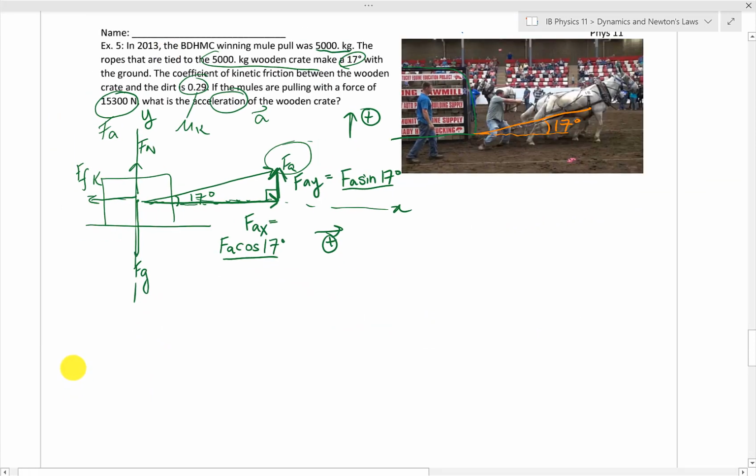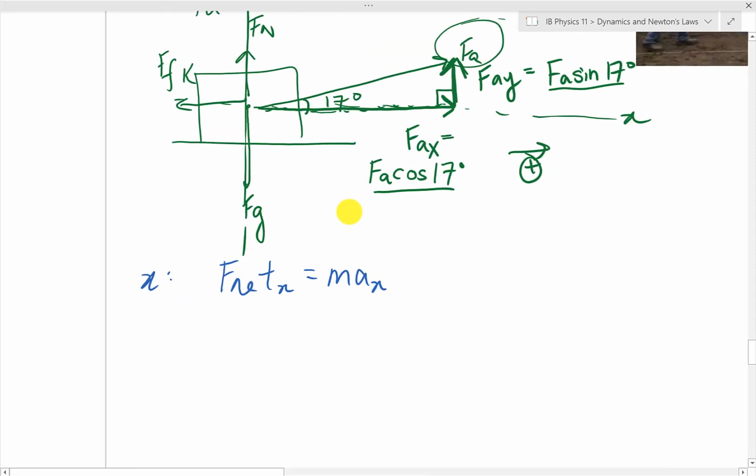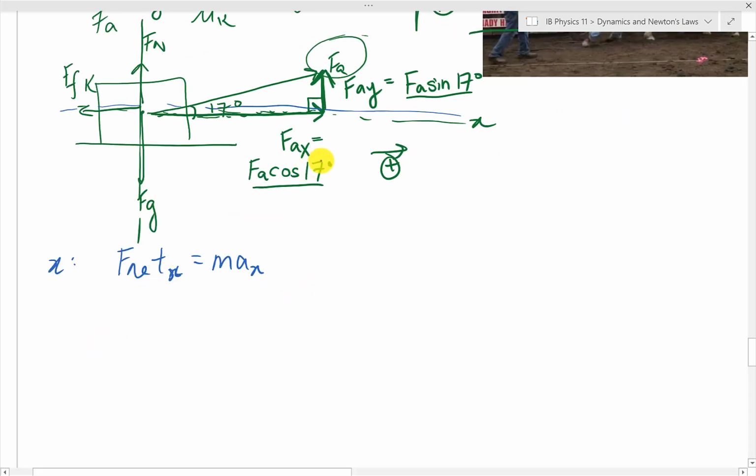Because we have forces in the x and y direction, we are going to separate our Fnet equation amongst the two. First, we are going to deal with the x direction, seeing what we need to solve for the acceleration of our wooden crate. So Fnet x is equal to max. Along the x direction, we have our forward force, which is Fax, which is opposed by our friction force, FFk, kinetic friction, and that's equal to our mass times acceleration along the x direction.